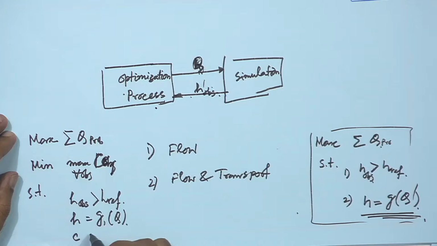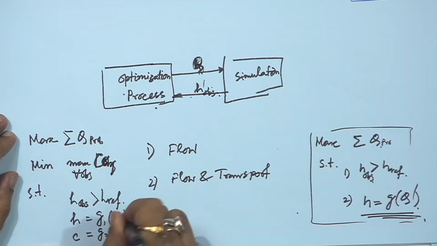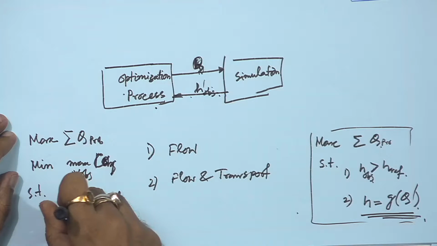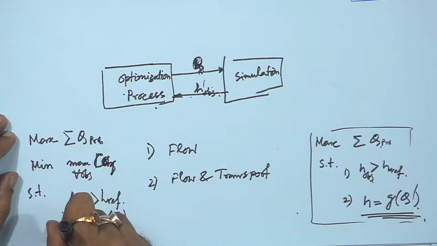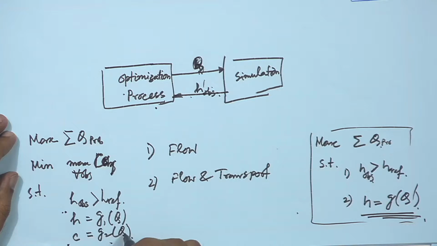At the same time, we also need the G2 function which is related to Q, because from Q you will get H, and from H you will get concentration. At the same time, your concentration is related to both hydraulic head and pumping value.